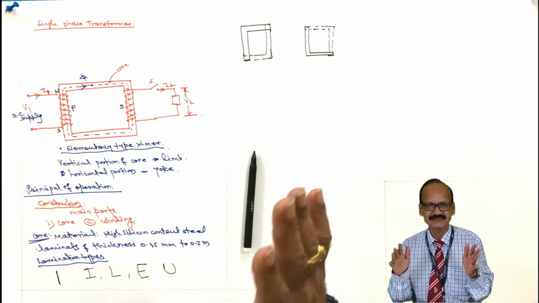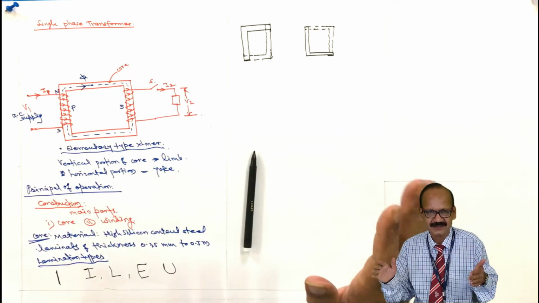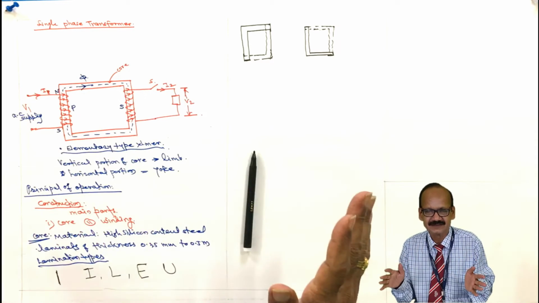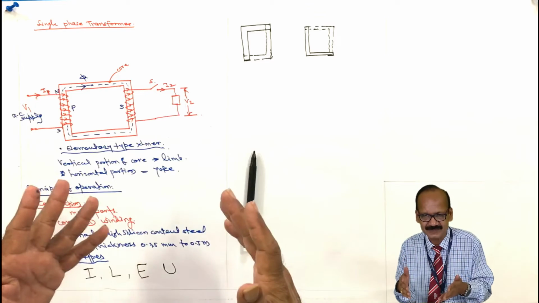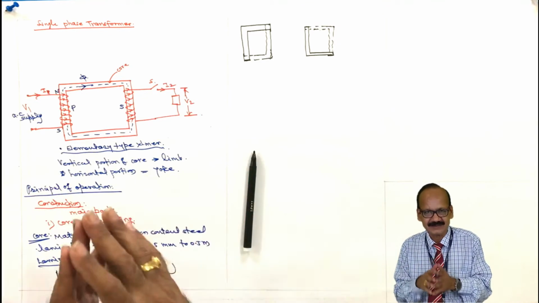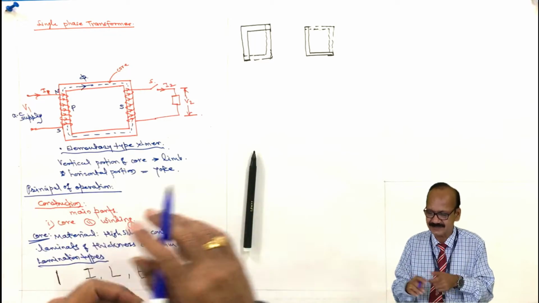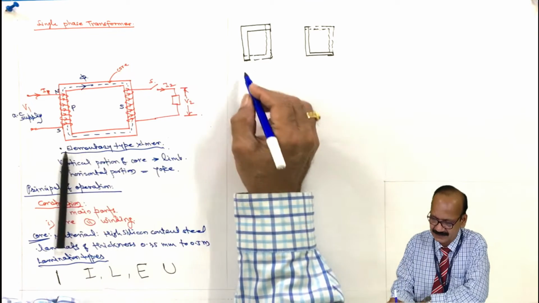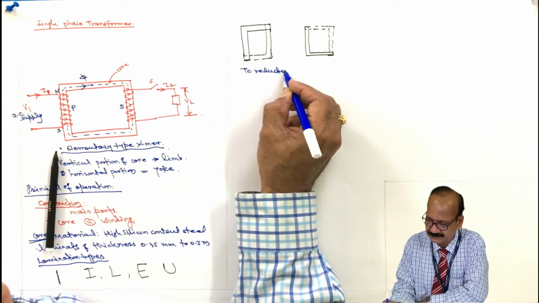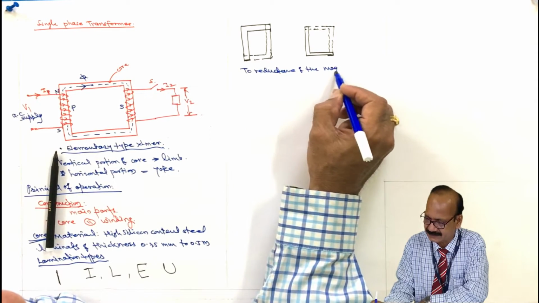When you purchase chappals or shoes, they are placed in the box not one above the other, but in opposite directions, so as to minimize the size. Similarly, these laminations are staggered in order to minimize the air gap so as to reduce the reluctance of the magnetic circuit.